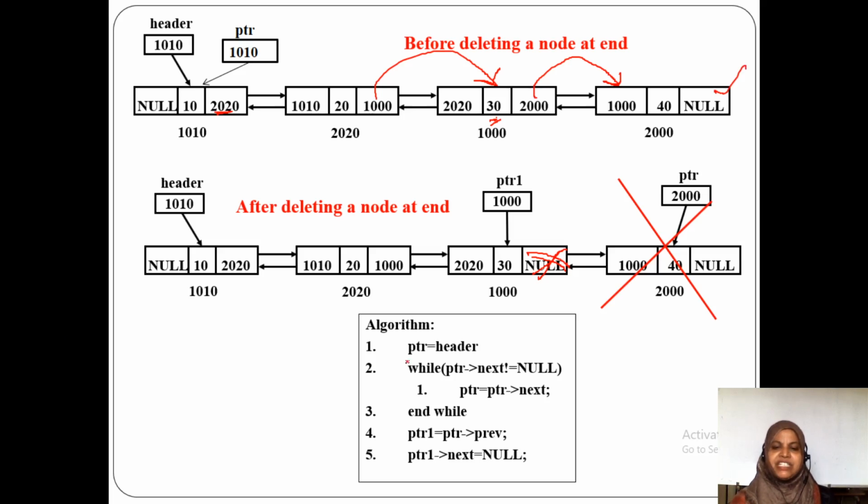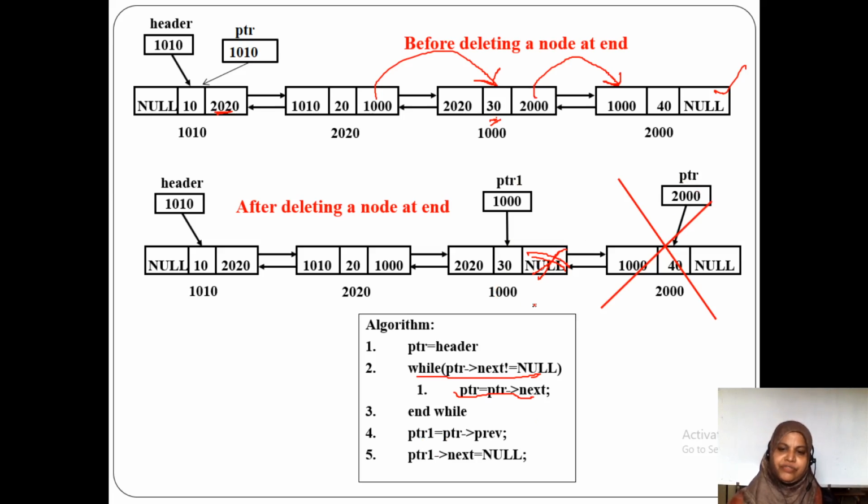Here we are checking just this: while PTR next is not equal to null, go to PTR next. So we are reading from 1 to next. PTR equals PTR next. Now our PTR is 2000, right? Now PTR1 is PTR previous.